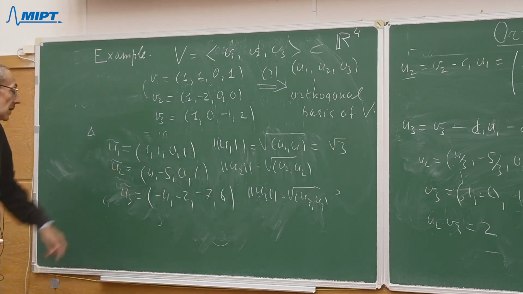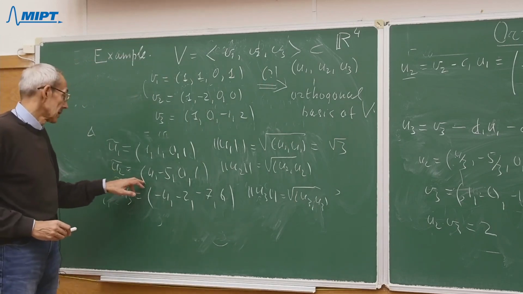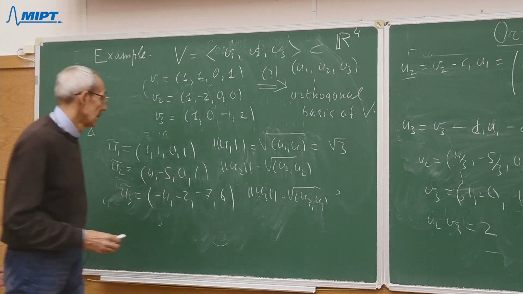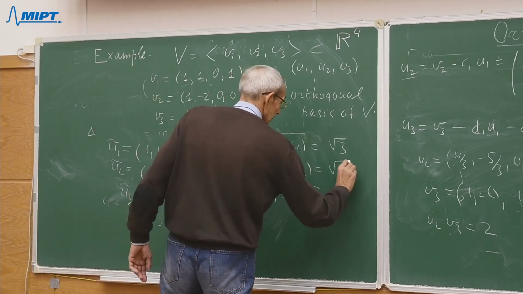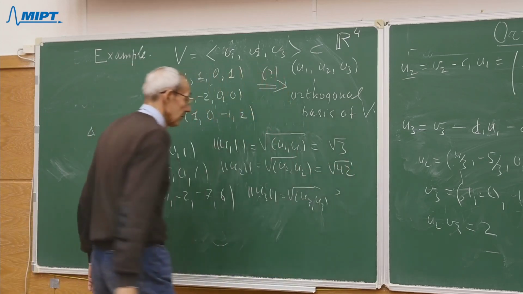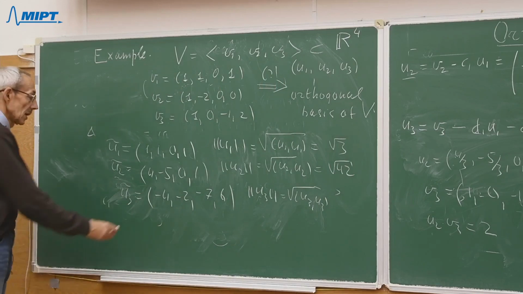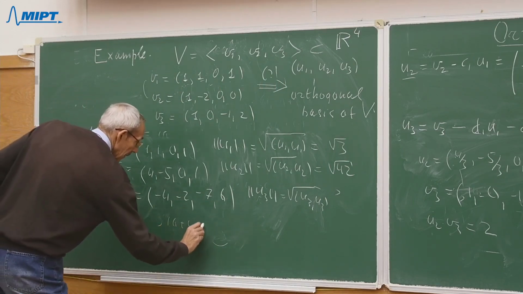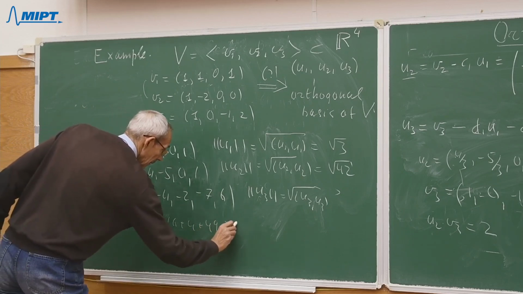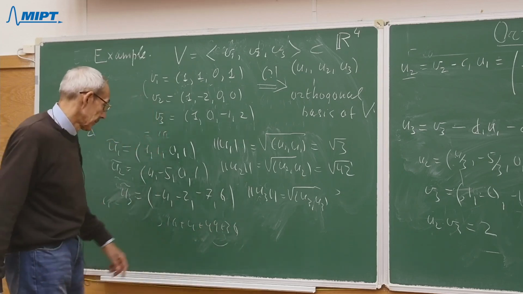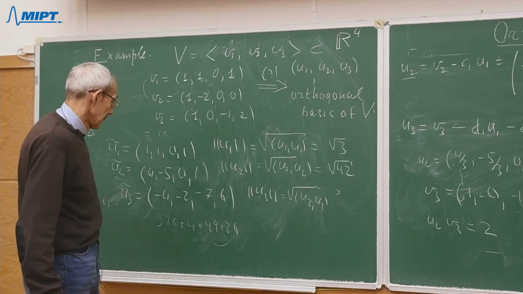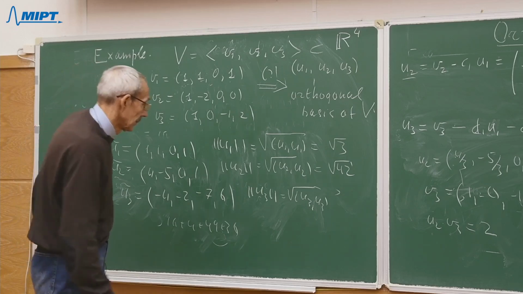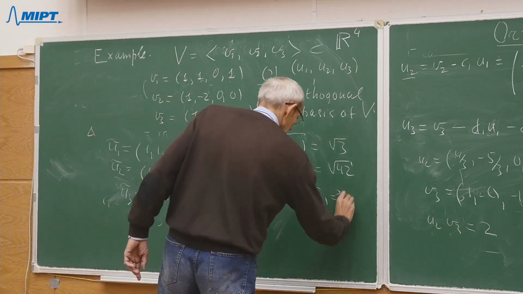This vector has scalar square 16, 25, and the norm is equal to the square root of 42, and this vector has a length of the square root of 105.